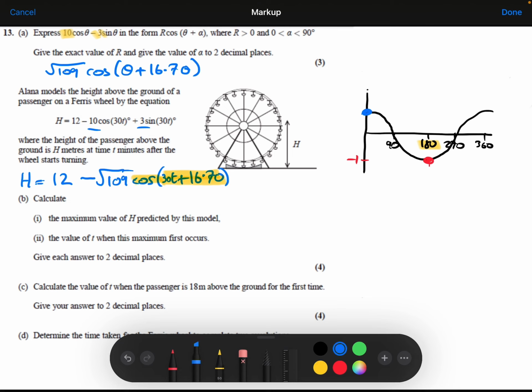Which, when I times that by the minus root 109, so 12 minus root 109 times minus 1, would be 12 plus root 109, which is 22.44 meters. That is the biggest that this could possibly be. That's the biggest the height could possibly be here.